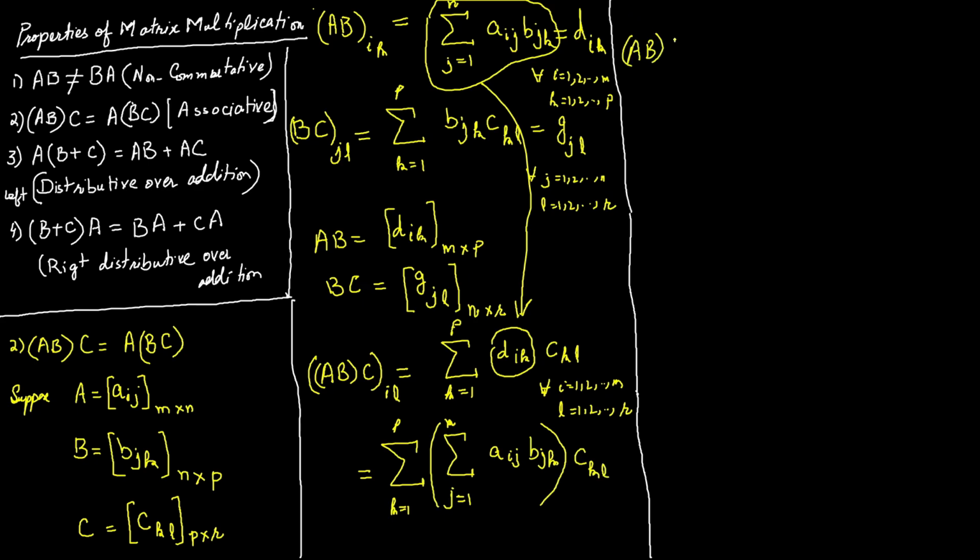Now we can take c_kl inside the summation, and using the distributive law of elements of the field, we can change the order of multiplication of these three elements. The order of the summation can also be changed without affecting the result. Now we see that the element a_ij does not depend on the summation index k. Therefore, we can take it out of the second summation.